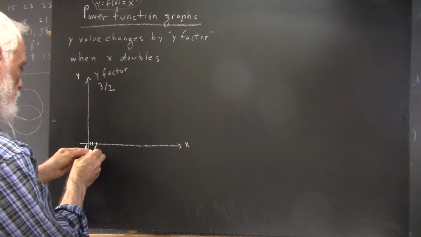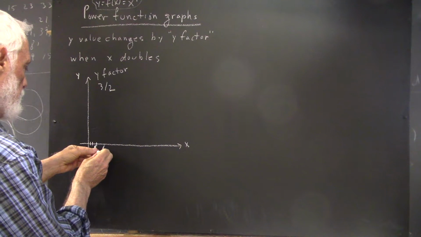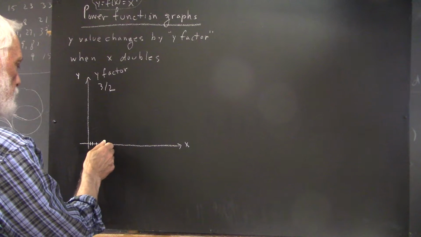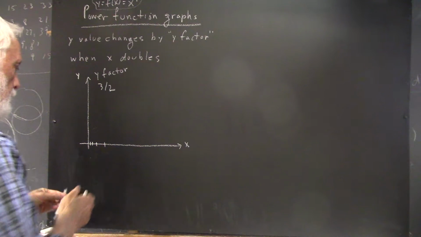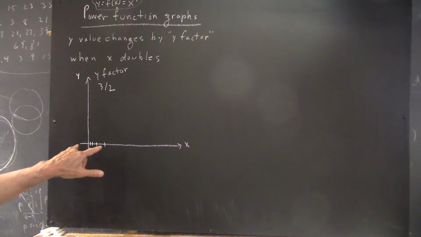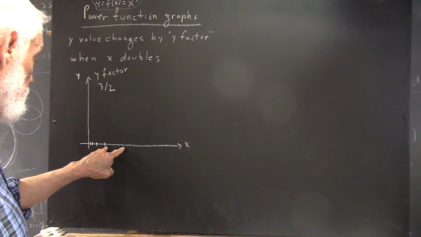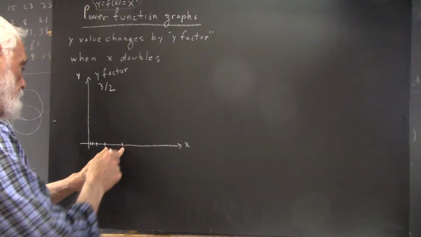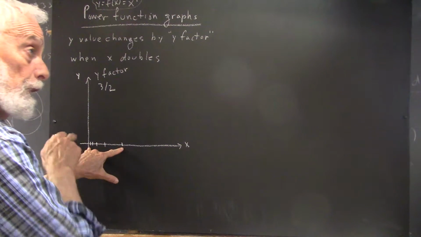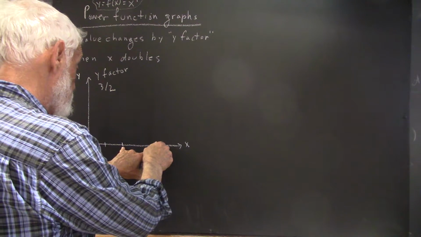Then I can set the compass again and mark a new point. The compass is not going to stretch that far, but I'll pretend I've got a compass, and that's as far as we can go on our graph.